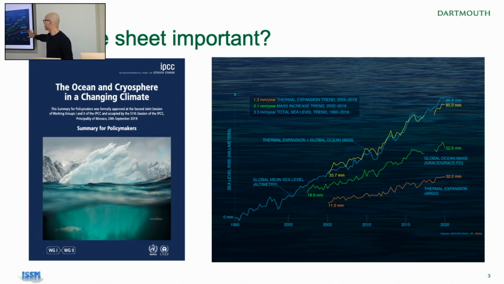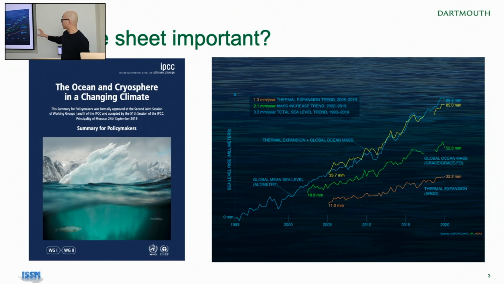This figure shows the average sea level rise for the past 30 years. As you can see, about a third of the sea level rise was due to the thermal expansion of the ocean itself. The rest, 60%, is due to the melting of the two big ice sheets and also the other glaciers on high mountains.